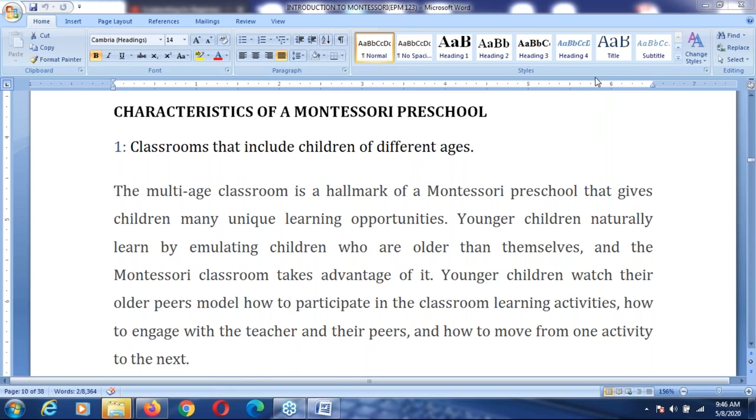That is why it is called a child-centered approach or method. So the focus is on the pupils or students or learners and not the teacher.